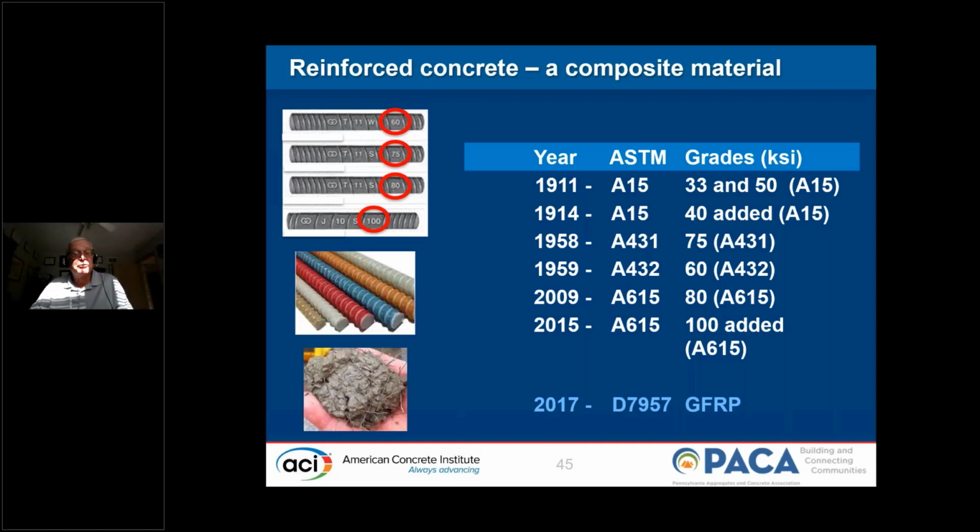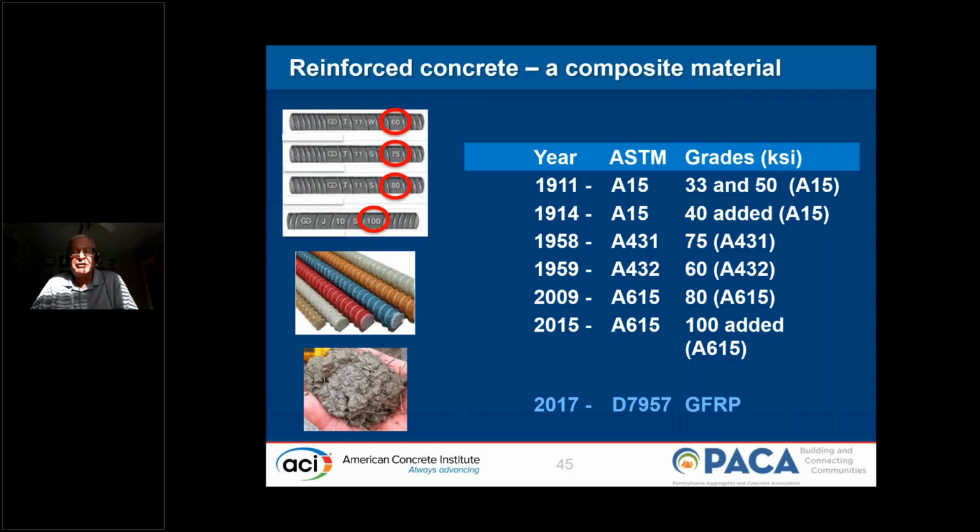In addition to the steel rebar, now there's also glass fiber reinforced polymer rebar. There's a new ASTM D7957 for that. It works really well in highly corrosive environments. So it's a good way to improve durability where exposure that could cause corrosion occurs with the concrete.